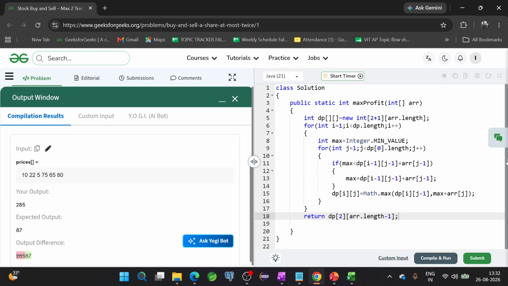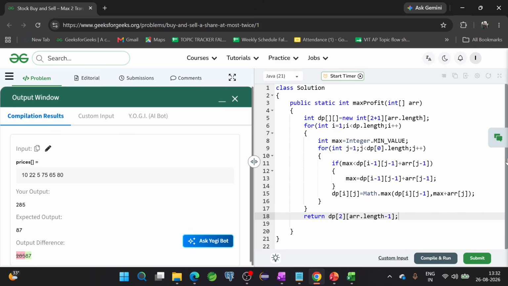Then update here dp of i, j equal to Math dot max of dp of i, j minus 1 and max plus array of j.